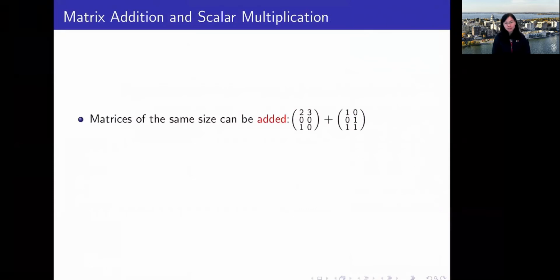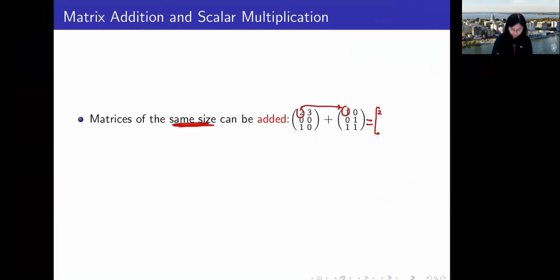Just like adding up vectors, you can also add up matrices, but they need to be of the same size. When two matrices are of the same size, you can add them up, and the sum is obtained by element-wise addition. So the sum is a matrix of the same size, and each element is obtained by adding up the corresponding elements of the two matrices we're adding up.